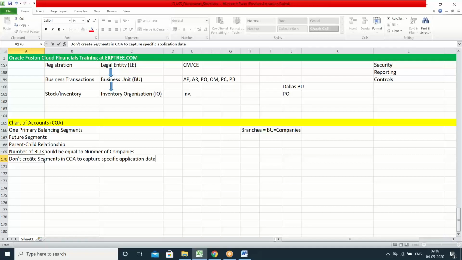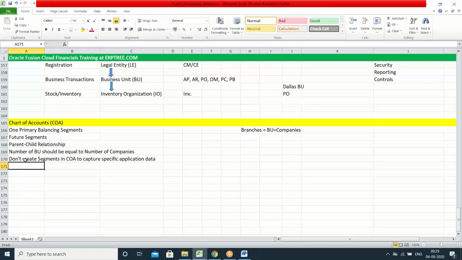Supplier means a specific application, maybe payables or payables and purchasing. If you are creating one segment in the chart of accounts, the segment should be useful in many applications. That is a very important point.